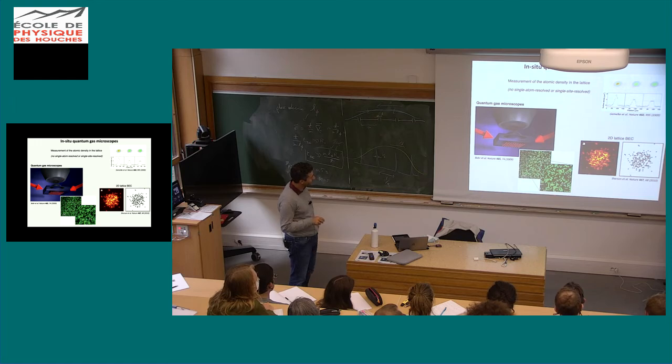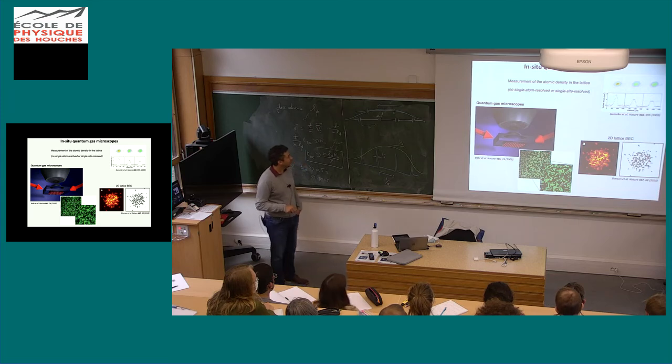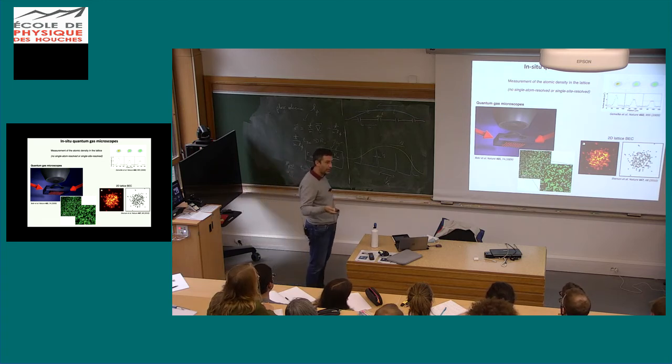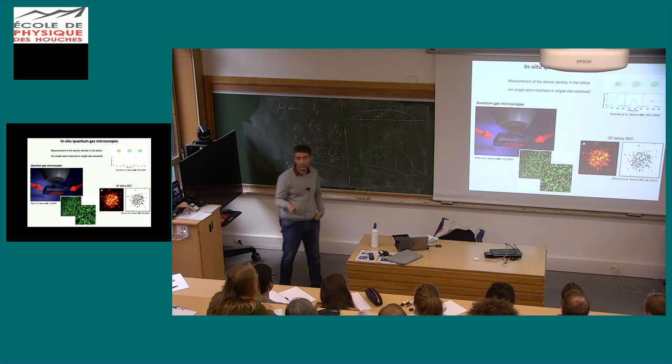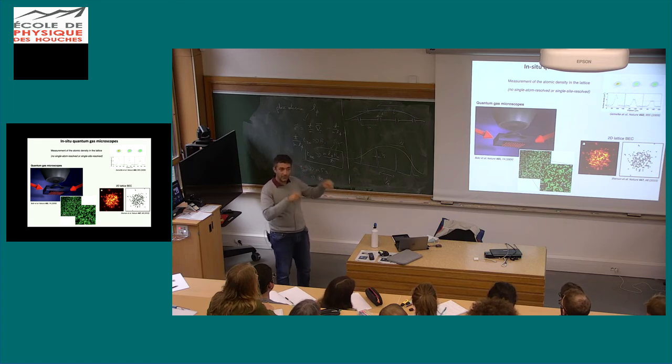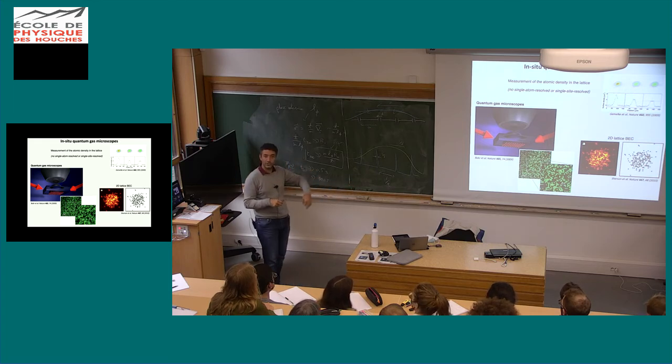This is from the Greiner group at Harvard, and this is from Immanuel's group in Garching, and each tiny red dot is a single atom. With that, you can say where the atoms are side by side. This opens the way to a new set of experiments where you can look at site occupation, correlations between atoms on different sites, the atom fluctuation on each site, and so on.